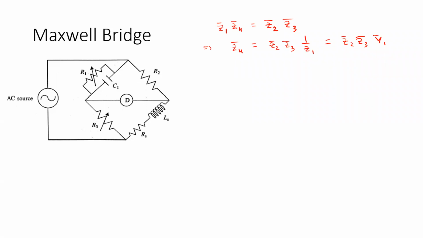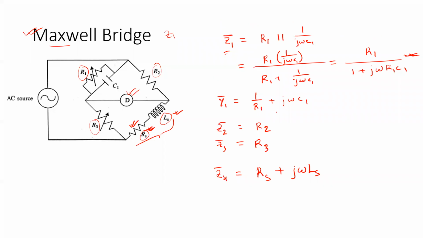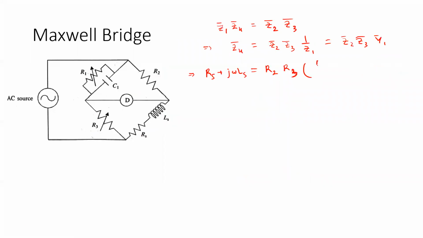So my left hand side is nothing but RS plus j omega LS, and on my right hand side Z2 and Z3 are just resistive elements R2, R3, and in place of Y1 I can put 1 by R1 plus j omega C1. After I do so, now I can keep my left hand side as it is.